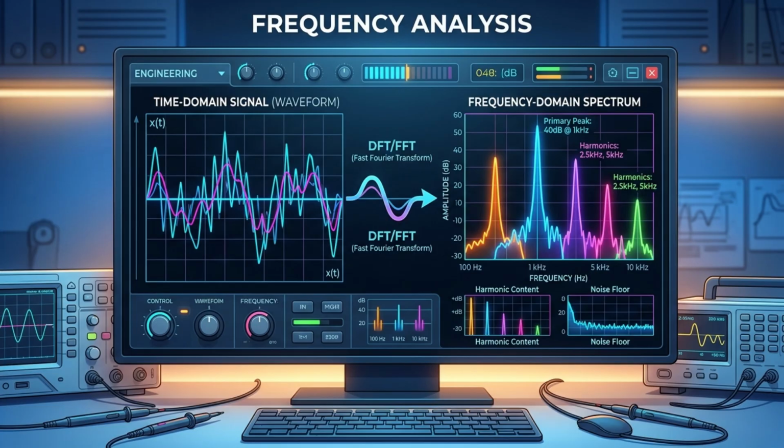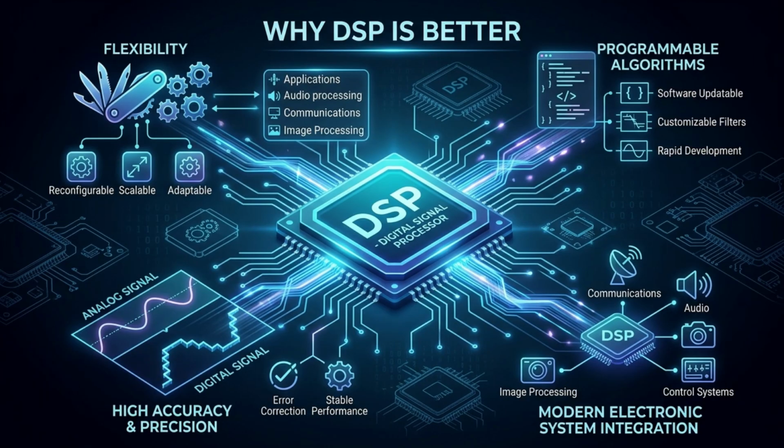You might wonder, why not process signals directly in analog form? There are several advantages to DSP. First, digital systems are highly flexible. If you want to change the behavior of a DSP algorithm, you can often modify software instead of redesigning hardware. Second, DSP provides excellent accuracy and repeatability.